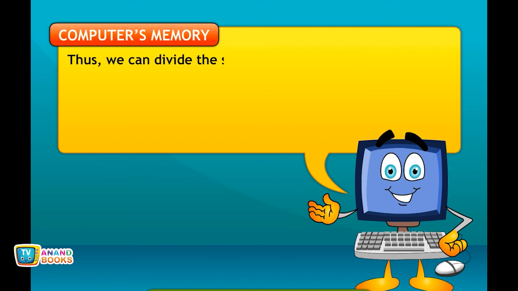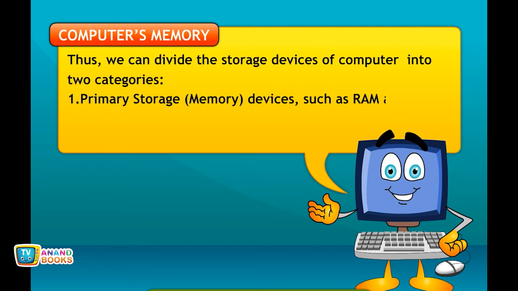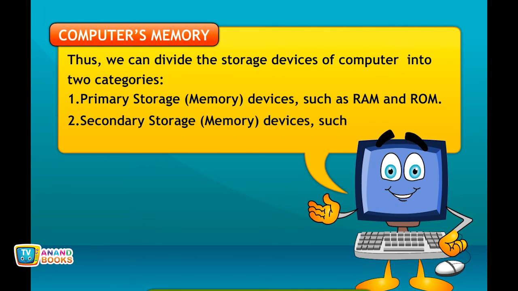Thus, we can divide the storage devices of computer into two categories. 1. Primary storage, memory, devices such as RAM and ROM. 2. Secondary storage, devices such as hard disk, floppy disk, CD or DVD, etc. Primary storage devices.